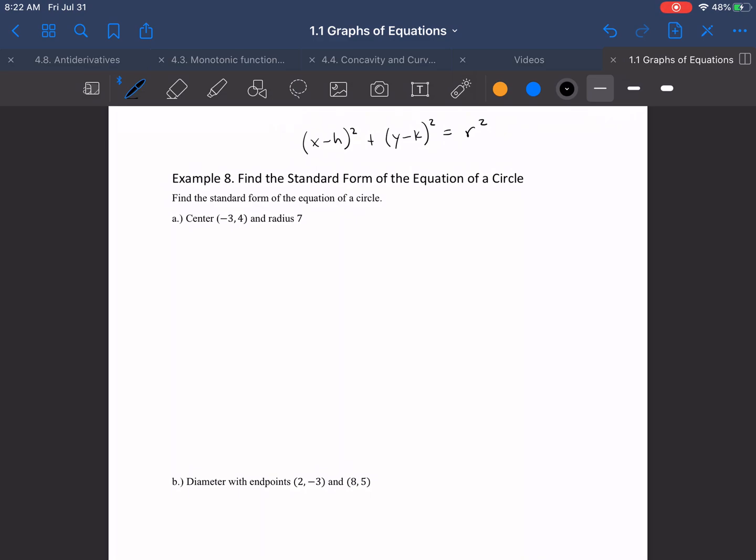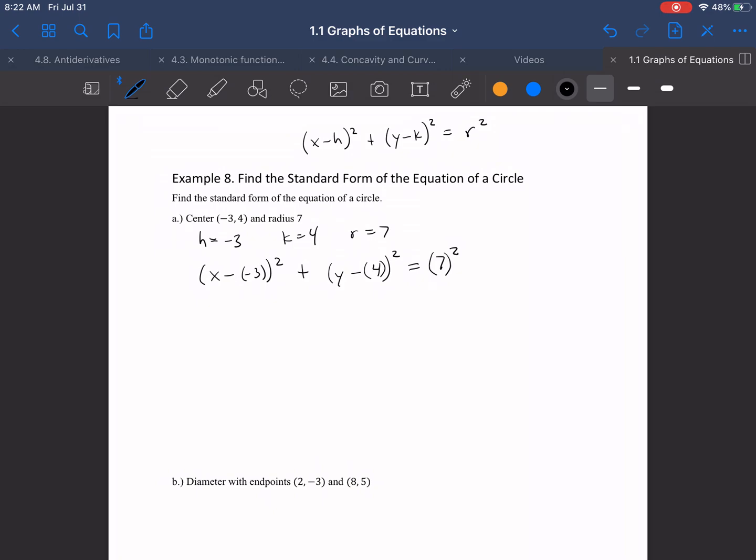So let's take a look here. It tells us the center is at (-3, 4) and has a radius of 7. So it's telling us that h equals -3, k equals 4, and r equals 7. So we're going to do (x minus h), so x minus -3 squared, plus (y minus k), so y minus that 4 squared, equals the radius squared, okay?